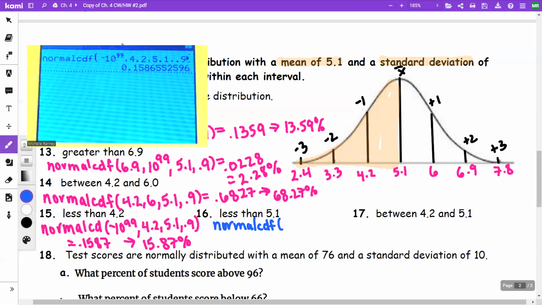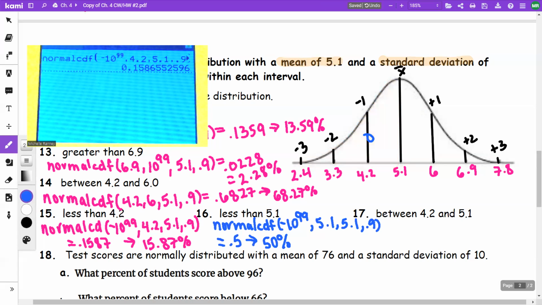So it would be a negative 10 to the 99, because it's negative infinity, to 5.1 for the mean, and 0.9 for the standard deviation, but that's going to be 50%. So that's going to equal 0.5 or 50%. I don't really need to put that in because that's going to be half the data.